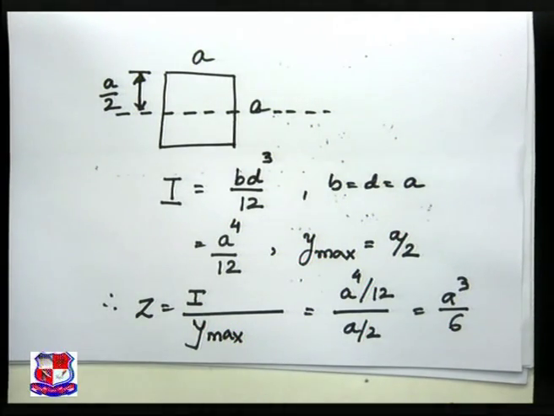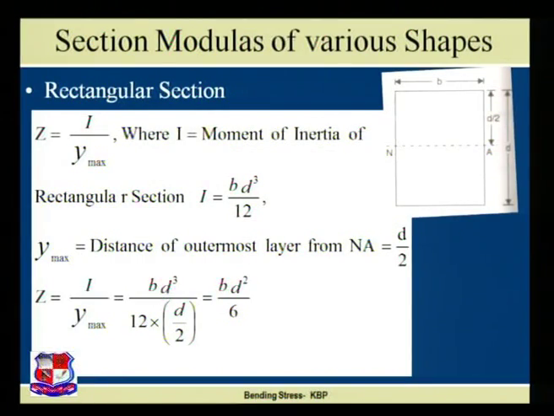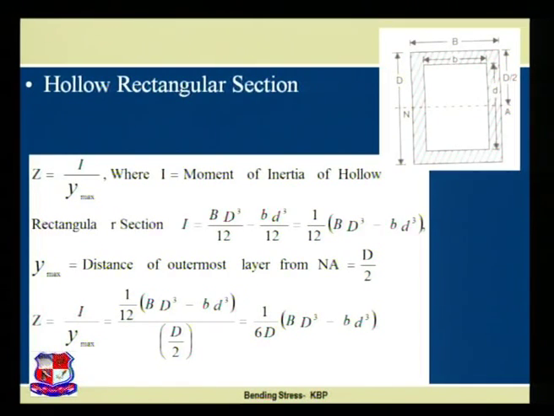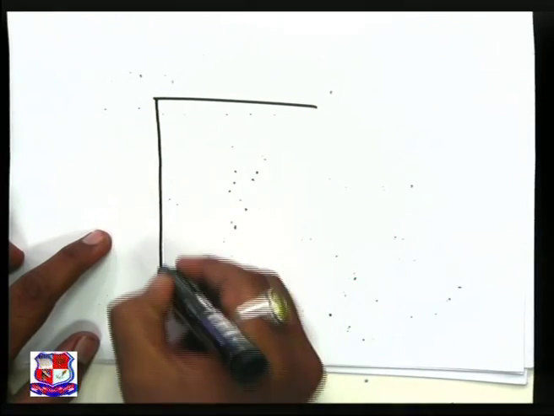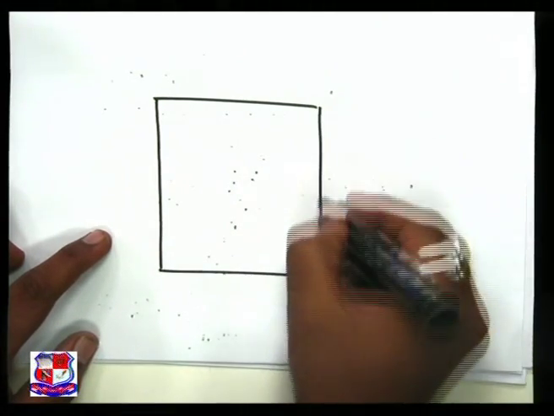Now let us go ahead with the next section, that is the hollow rectangular section. Refer to the figure precisely. So let me first of all draw a figure over here on a tabletop.